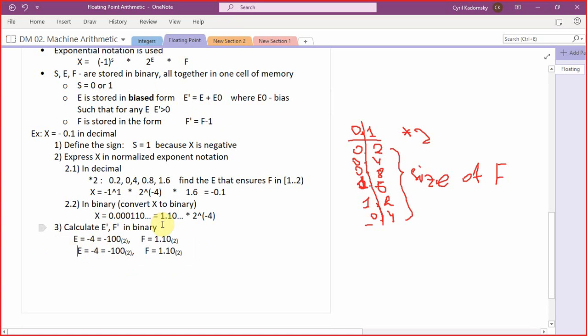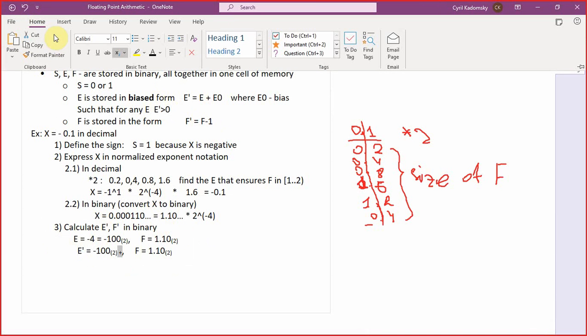The biased value for exponent would be this value plus bias. We will talk a bit later how to determine this bias, but for now let it remain as it is, plus E0.